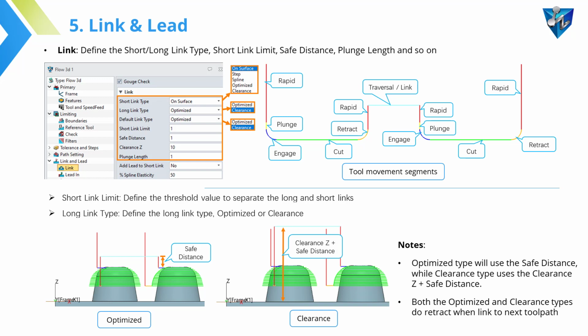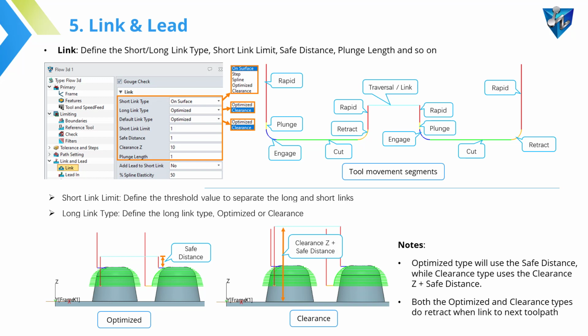Next, we will introduce the link parameters. To distinguish short link and long link, we use the short link limit option. Then the next one is the type of the long link and short link. For the common types, both optimized and clearance, they will recheck when linked to the next toolpath.